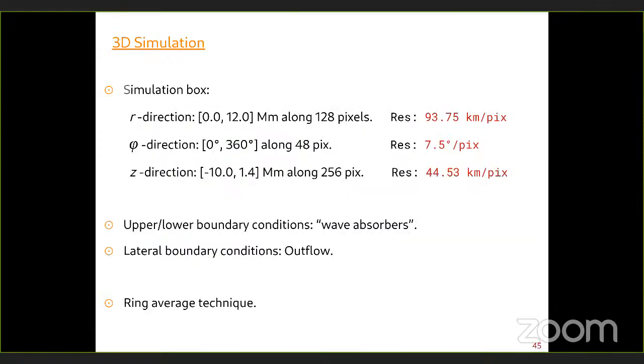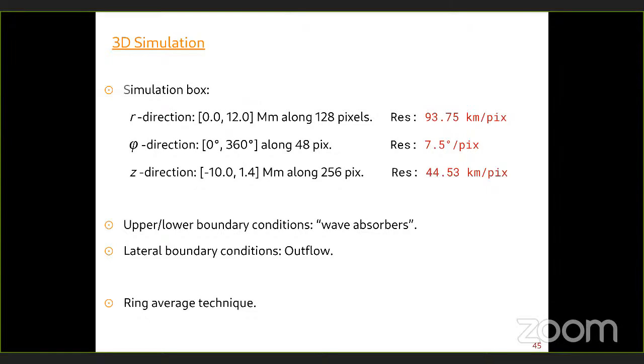Finally, we make a three-dimensional simulation using the new simulation box, with a resolution of 93 kilometers per pixel in the radial direction, the angular direction with a resolution of 7.5 degrees per pixel, and the vertical direction with this new resolution.